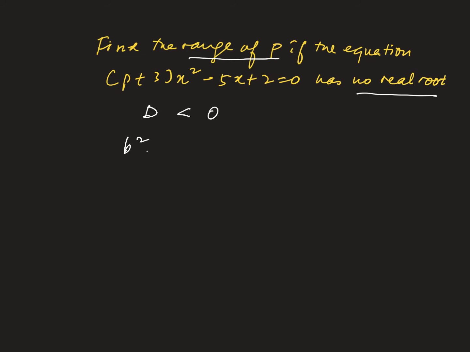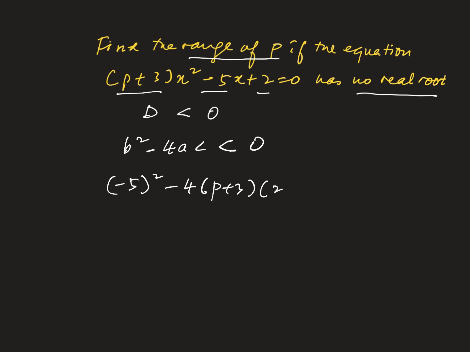So b squared minus 4ac is less than 0. b is negative 5 squared minus 4 times (p plus 3) times 2, and this is less than 0.